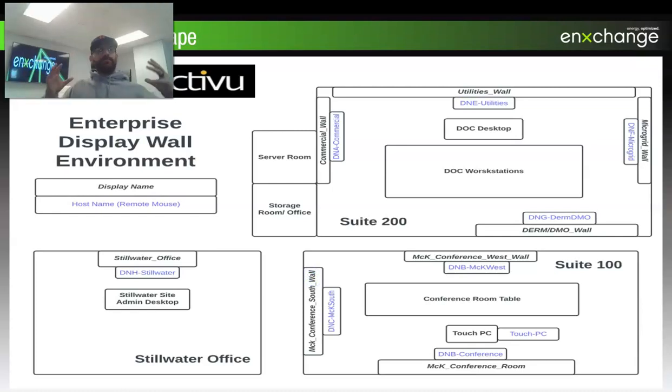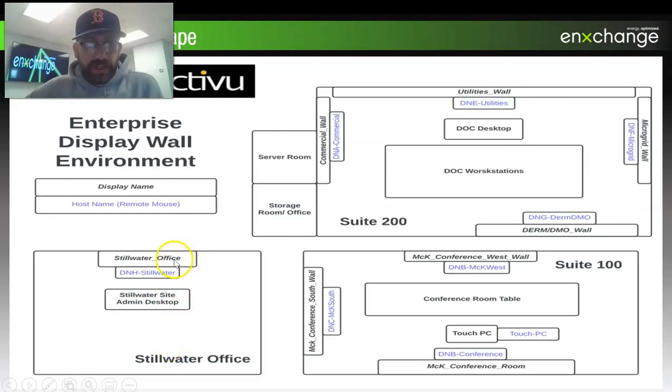Okay, up next, I said one of the biggest things we need to get out of this training is understanding our system. So I put together this small chart to understand where everything is, what everything is called, and how we utilize it. So right here, I'll start first with the Stillwater office because there's only one here.